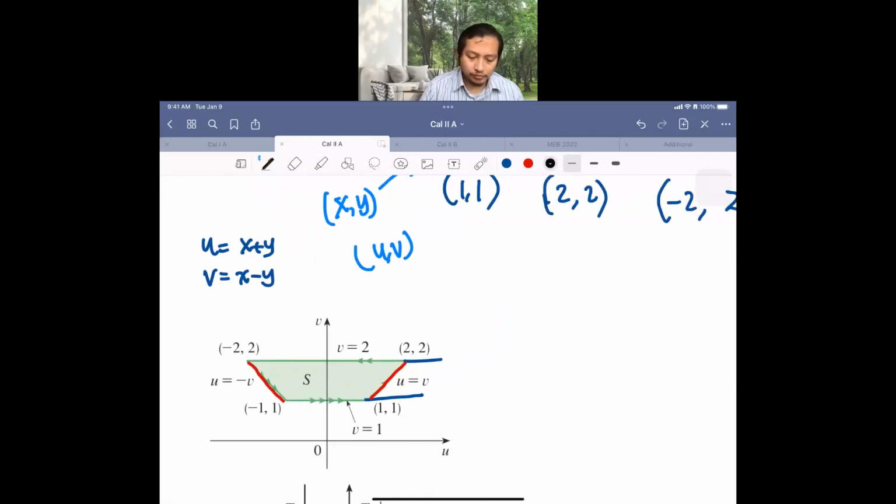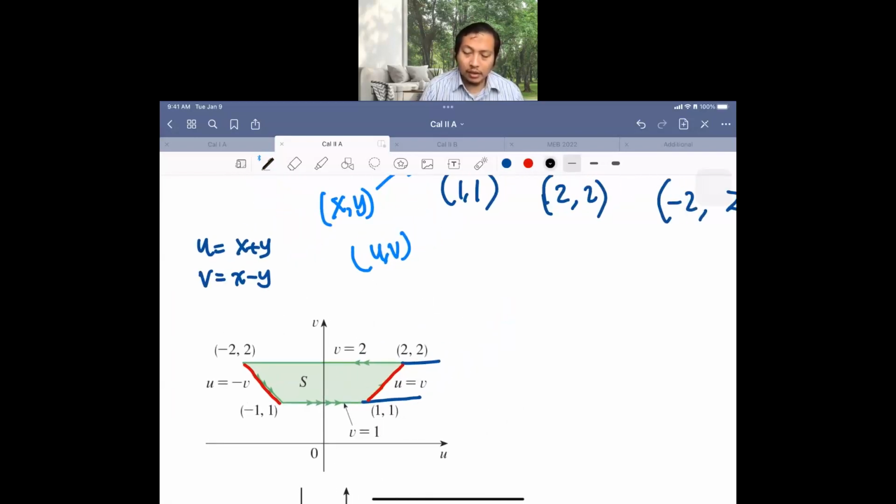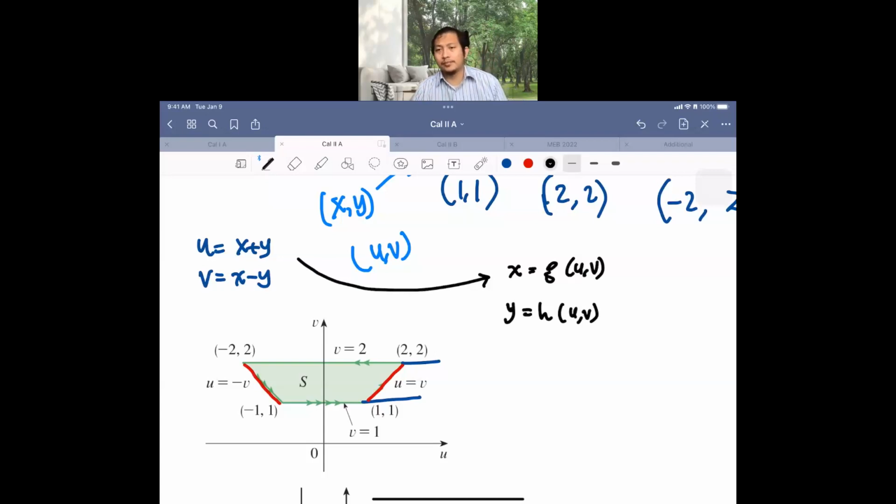And then to make the Jacobian, we need to make x and y functions of u and v. So we need to do some substitution or elimination to solve the linear equations, right?